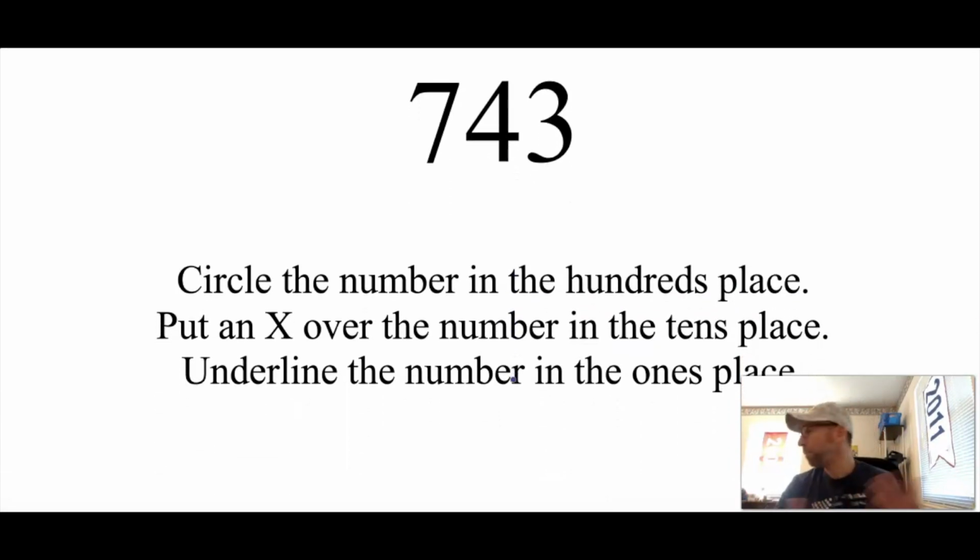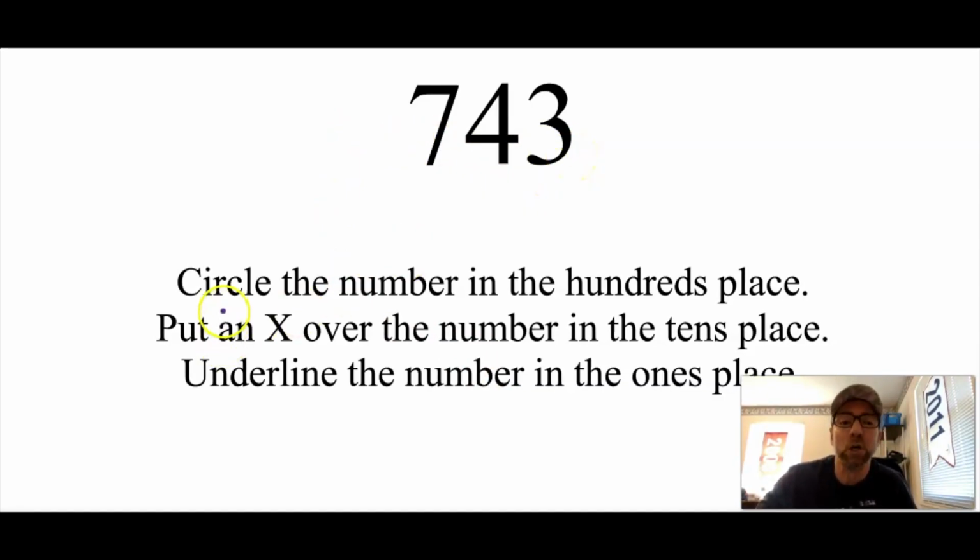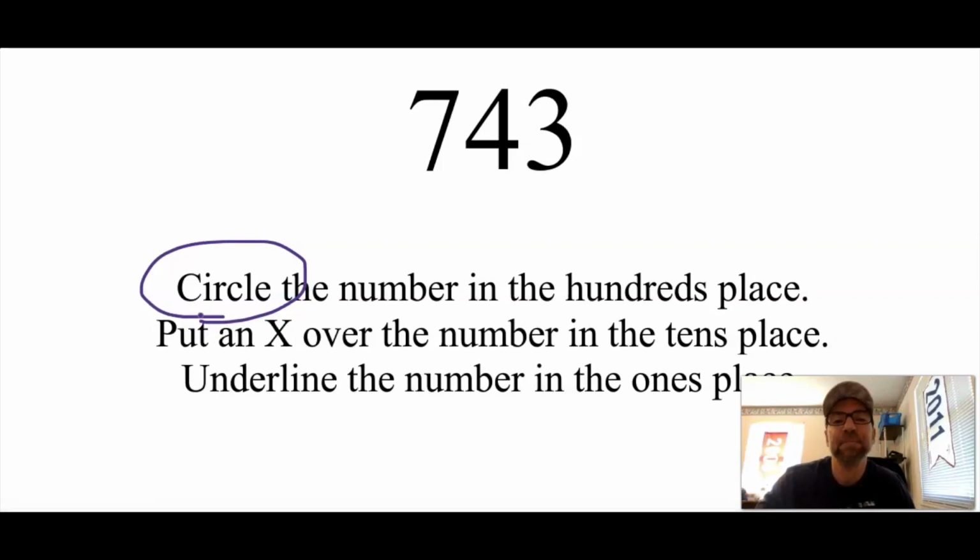Now, let's take a look at this problem here. If you have a whiteboard nearby, or you can even write it on your sheet protector, we have the number 743. I want you to circle the number in the hundreds place. Put an X over the number in the tens place.